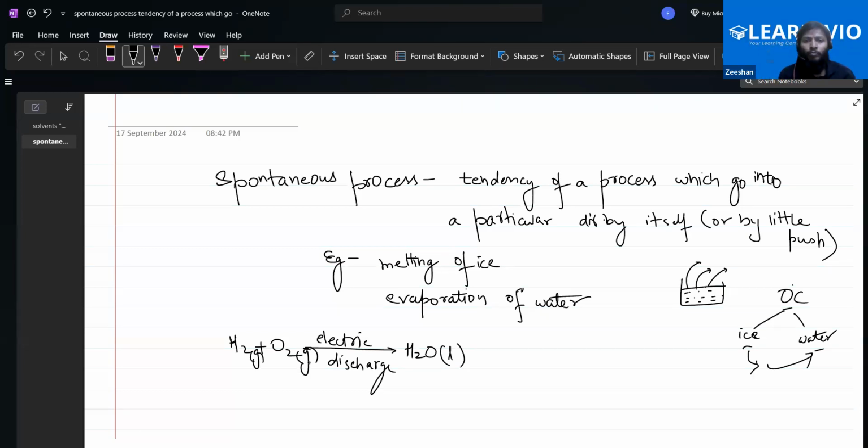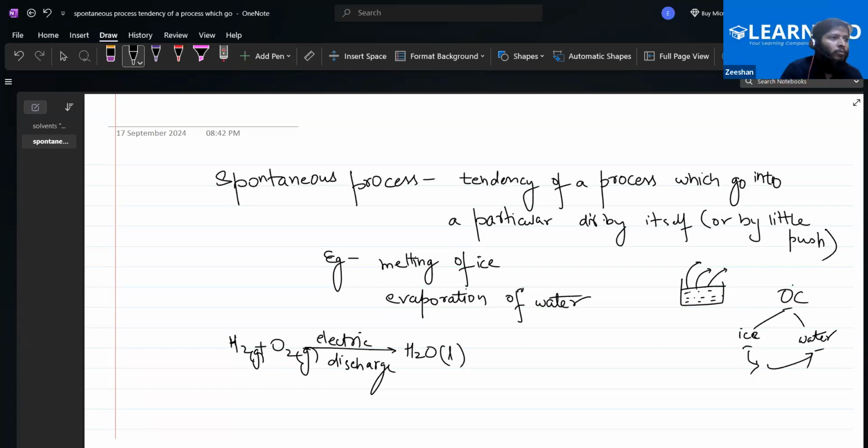So 1 ml is filling up a whole big room. There is a very huge difference between the volume of a gas and the volume of a liquid. If you see the experiment, you will love it. So you understood the spontaneous process?